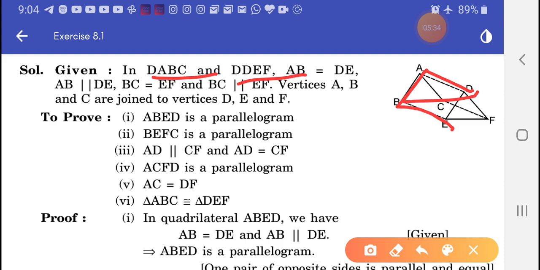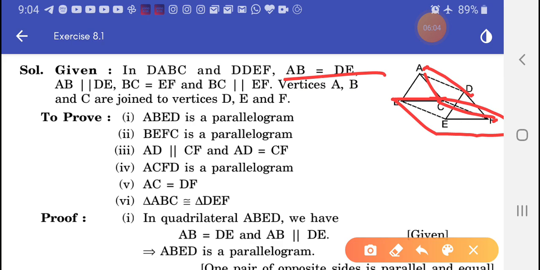In quadrilaterals ABED, BEFC and ACFD. Now AB equal to DE, AB parallel to DE, BC equal to EF and BC parallel to EF.